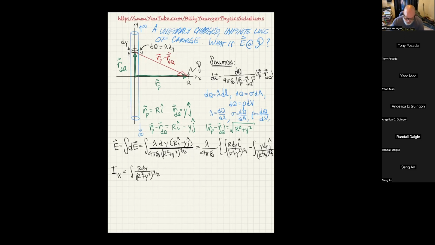Now, what I want you to realize is this particular integral has a symmetric range. It's running from negative infinity to positive infinity. And if you look at the integrand, which is r, which doesn't have any bearing on anything, but dy over the 3/2 power of r squared plus y squared. And if you substitute negative y for y, the actual process you do here, pay close attention to this, is you first replace y with parenthesis y close parenthesis.